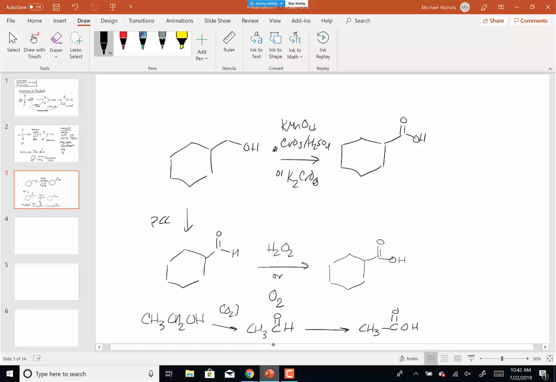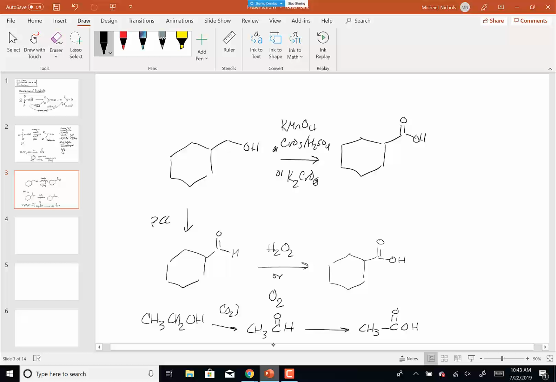So that's sort of the oxidation scheme. That's the opposite of the reduction scheme. I didn't go over that on Thursday, so I didn't put that on today's exam. Does that kind of make sense? So those are the reagents you have to remember for oxidation.